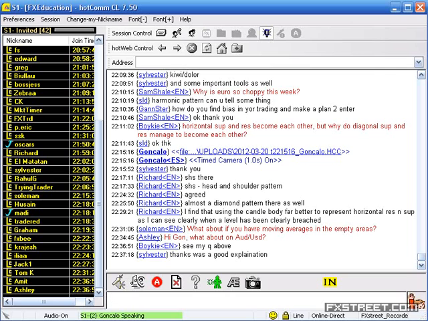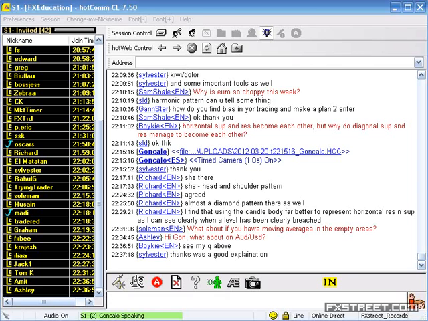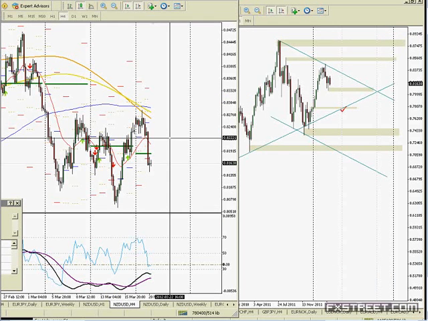Well, the diagonal support and resistance, like any drawing tool that we have on a chart, we must keep in mind that any line that we see on the chart does not exist.